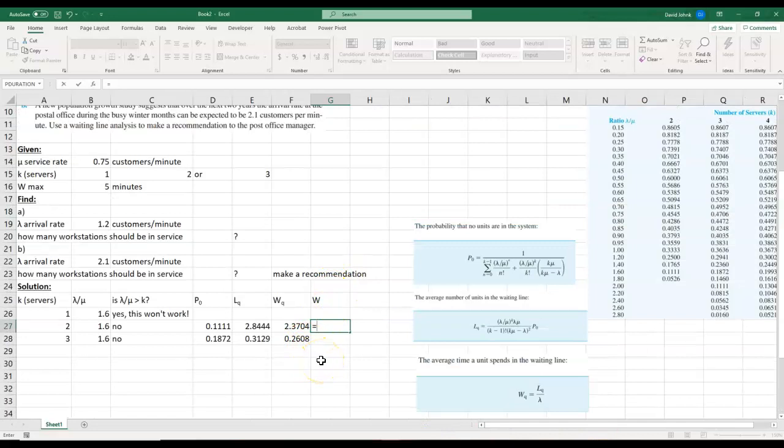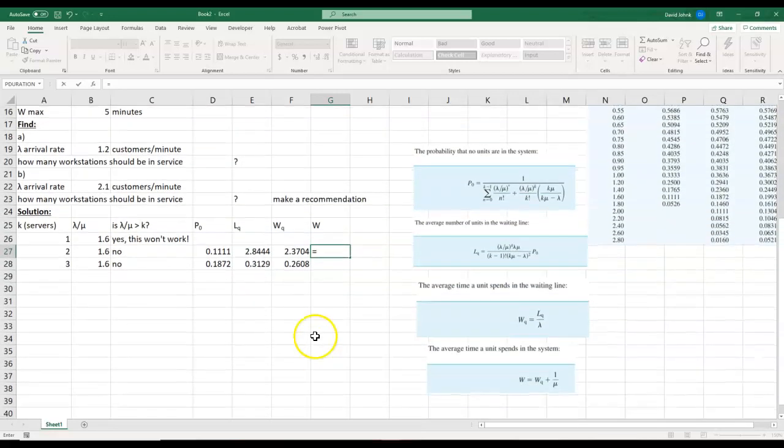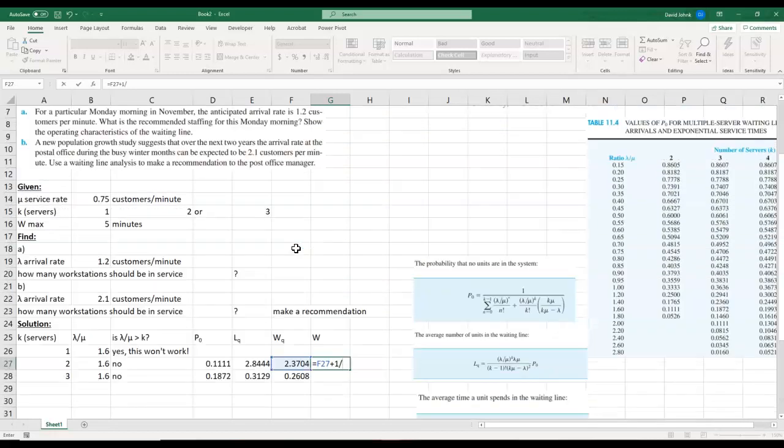It's kind of fancy. So W equals W sub Q plus 1 divided by mu. And if I F4 that, and remember this is minutes, right?